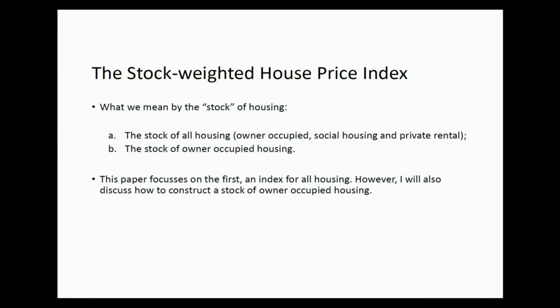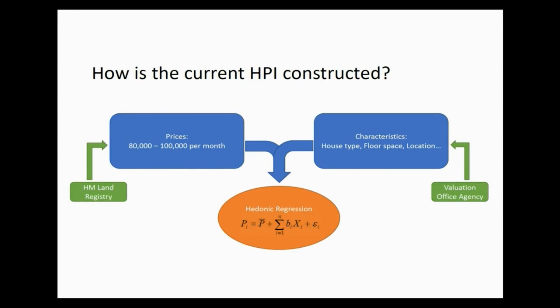Or you could have a more narrowly focused one, just looking at the stock of owner-occupied housing. The method can do both, but what we actually implemented in this paper was the first one. We looked at the stock of all housing. And I'll explain a little bit how you do the owner-occupied one towards the end.